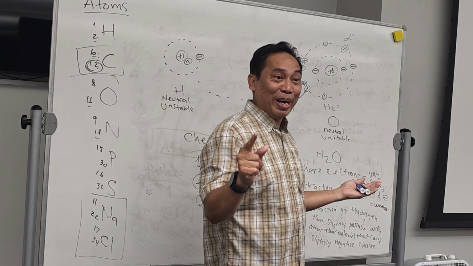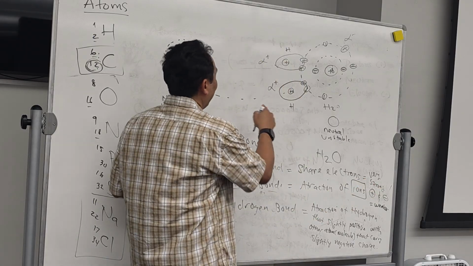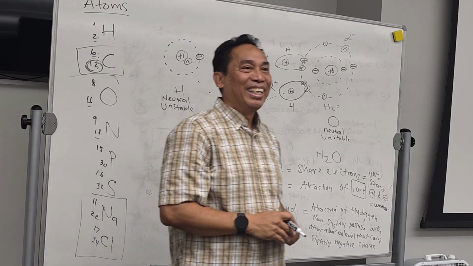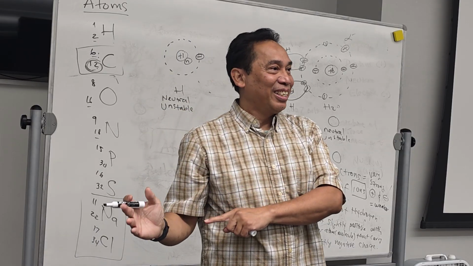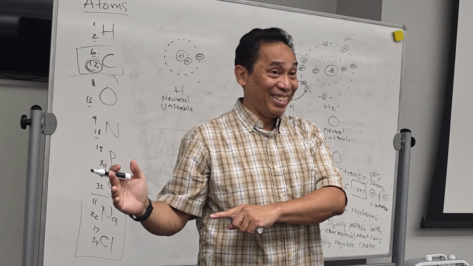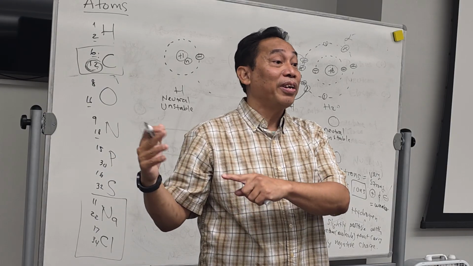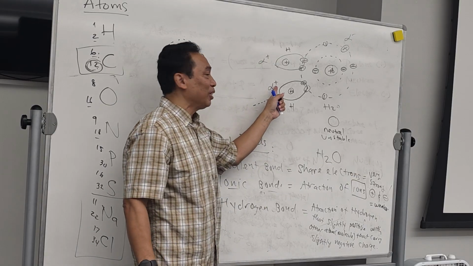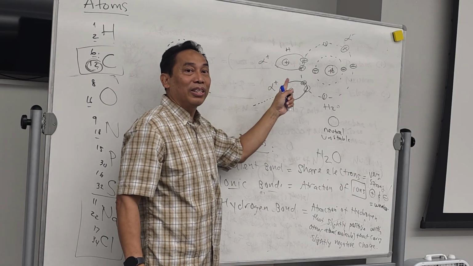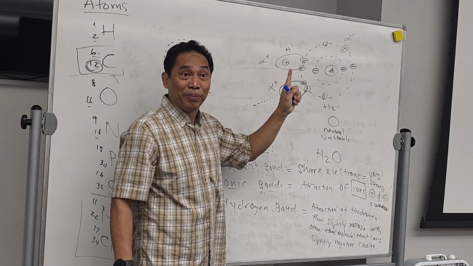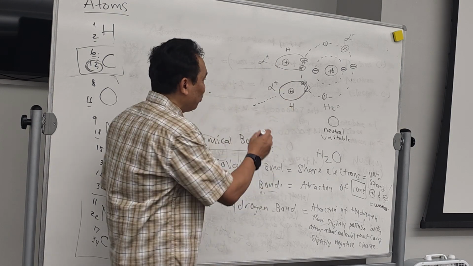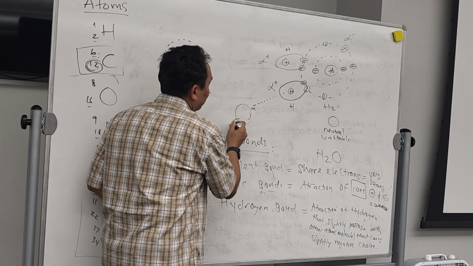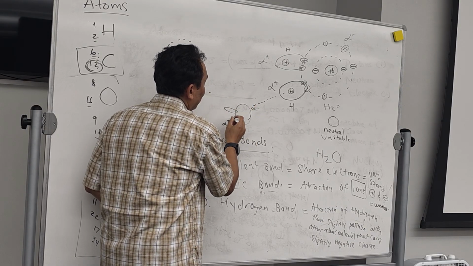This is what happened with the wife. She's looking, boom, looking for attraction, looking for somebody else, making an affair. Are you with me? To what? Let's say this is slightly positive, right? It will attract to slightly negative. So this one actually will attract to this slightly negative that carries slightly positive.